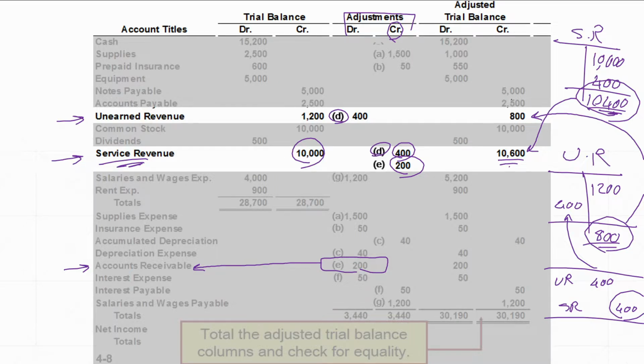And if I want to show the effect of the second adjustment, that would be something like this. 200 here, and therefore the final ending balance for service revenue will be 10,600 credit, and we report it under the credit side of the adjusted TB.